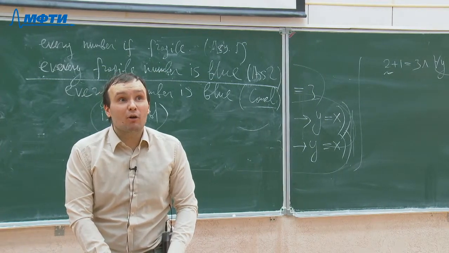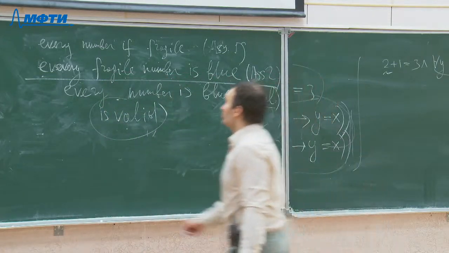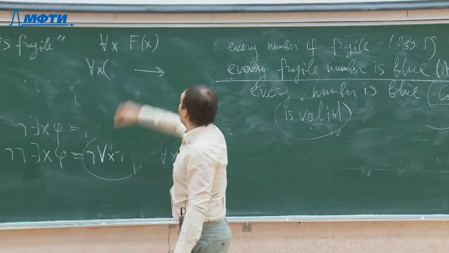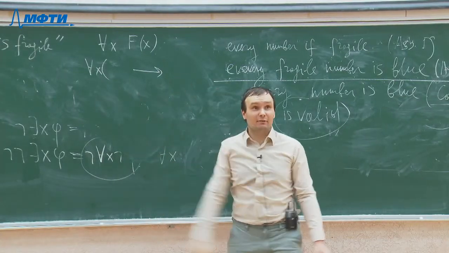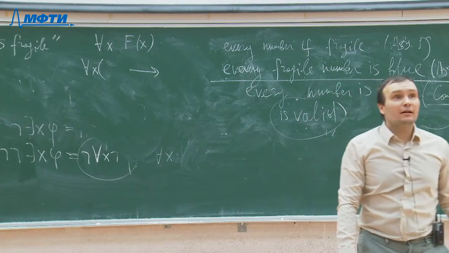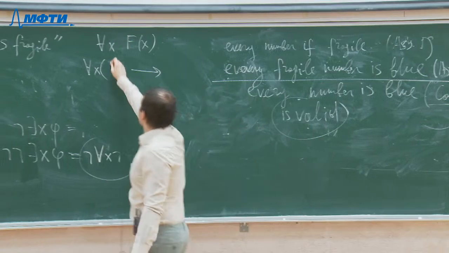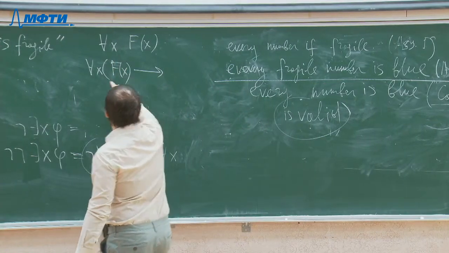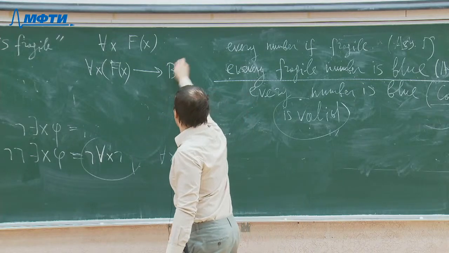An arrow, of course. We should have an arrow, but where? Somewhere in the middle. But what would be the first term and the last one? F of x. So if x is fragile, then it's blue, b of x.